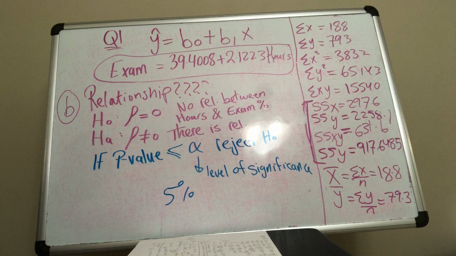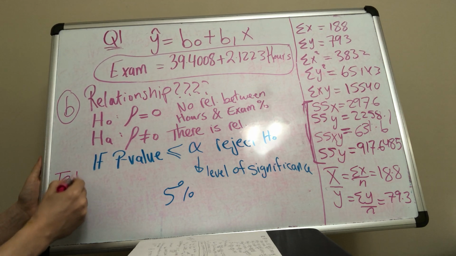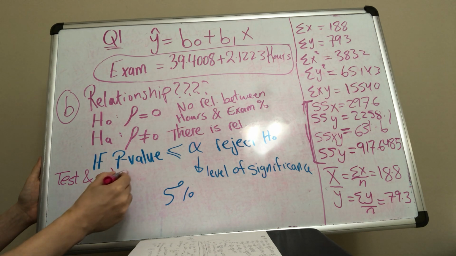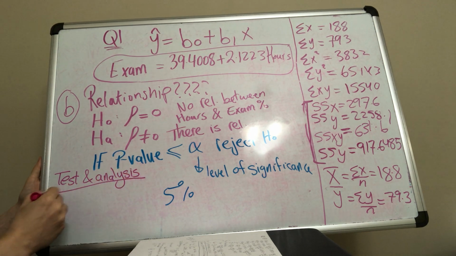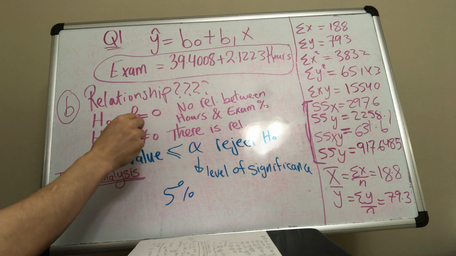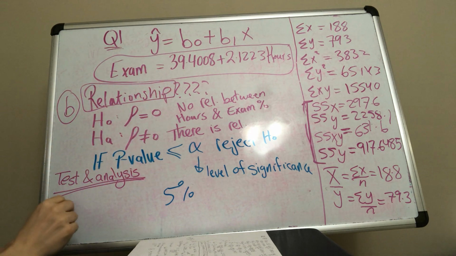Okay. Then the section after this called test and analysis. So the test we're going to use for this, since we're testing relationship, is this formula.